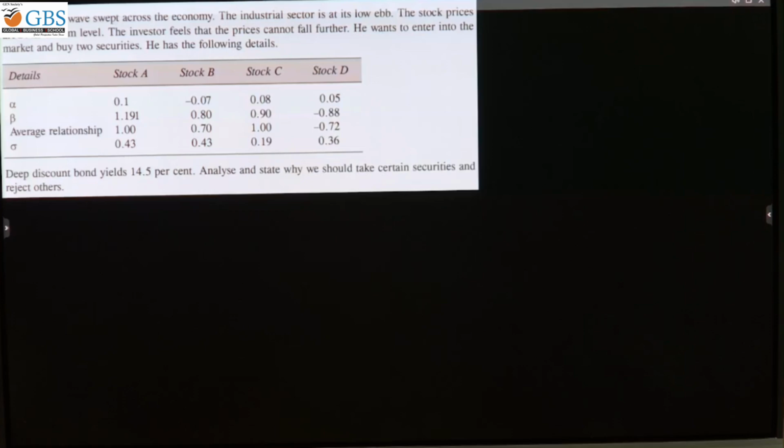Stock C is good. Next what? I feel stock A. Correct? Is it clear? As an investment banker, I will be suggesting this guy stock A and stock C. First preference stock C, second preference stock A. Any doubt after this? Clear?